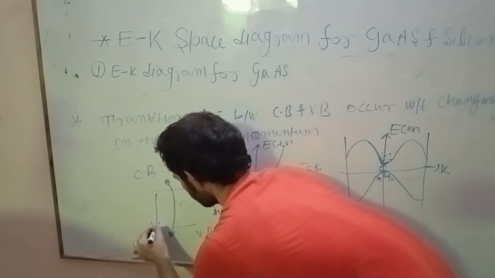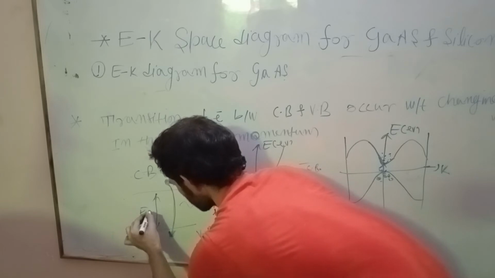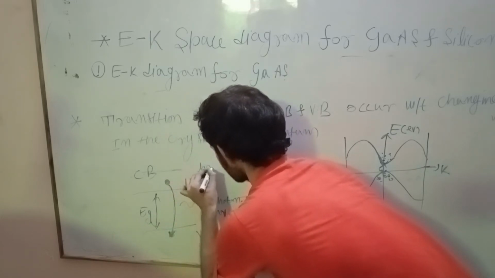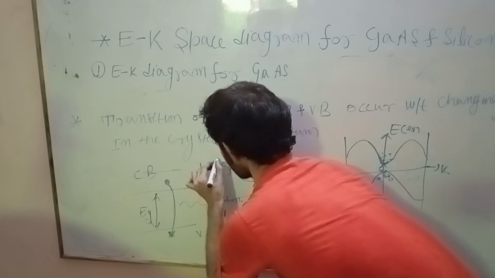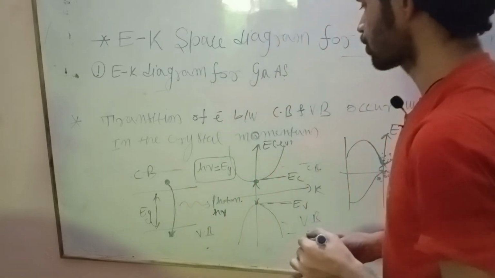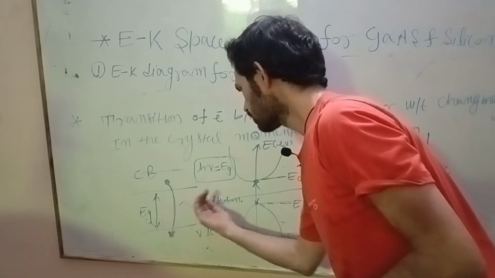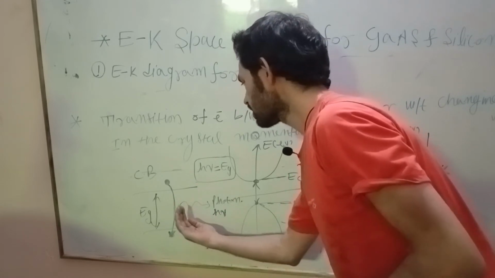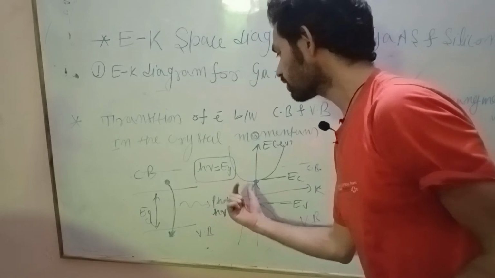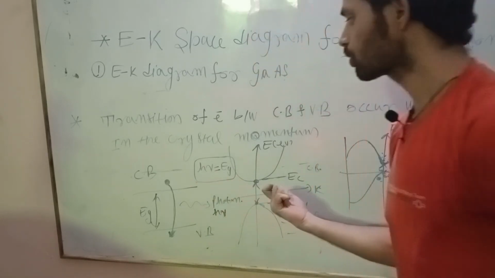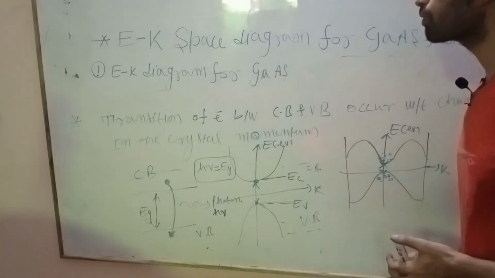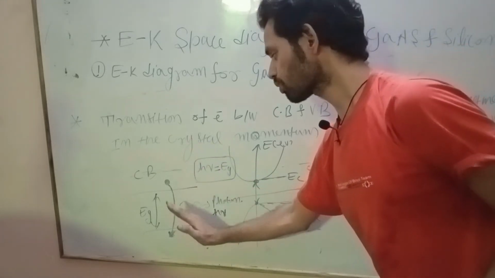Let us say the energy band gap is Eg, so hν is equal to Eg. This energy is radiated, not non-radiated. So we are getting energy in the form of a photon, which means energy has been properly conserved.